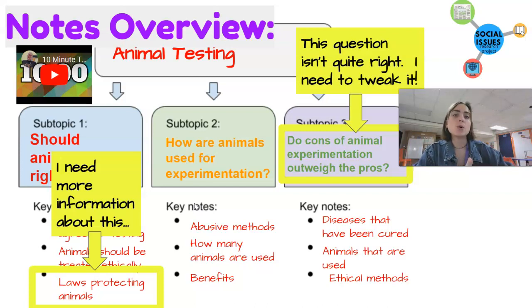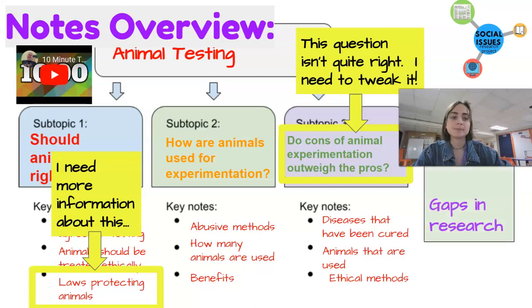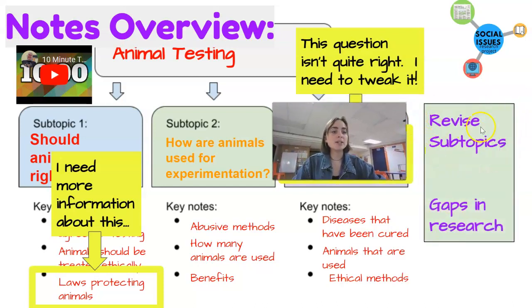Even though you're done with your 5.4 notes, that doesn't mean we need to be done finding information. So if you need a new source, if you need more facts, you should go and find those. I'm also happy to help you if you need help finding another source or finding a piece of information. So we're revising our subtopics, we're looking for gaps in our research or things that we need to find out more about.